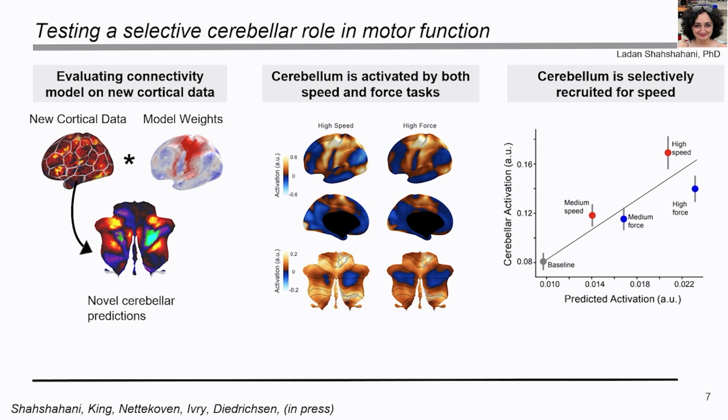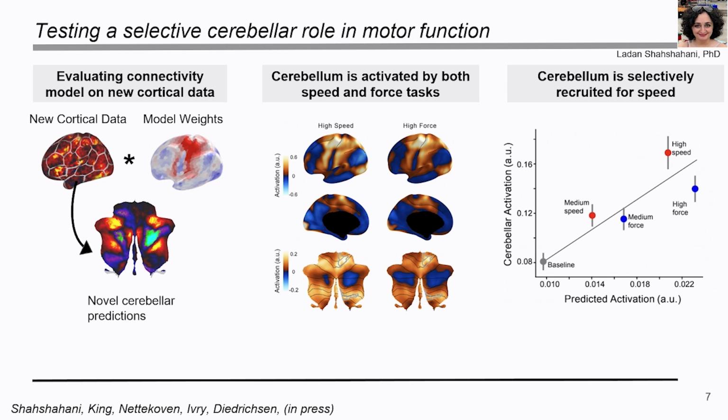If we look first at the regression line, again, we can see that this model, which was built on a separate set of participants, does pretty well at generalizing to this entirely new set of participants, new tasks, new scanner, new everything. Sorry, not the same scanner. But what we see are these characteristic deviations from the model. So these high speed and medium speed conditions are above the regression line. So these regions were underestimated by the model.